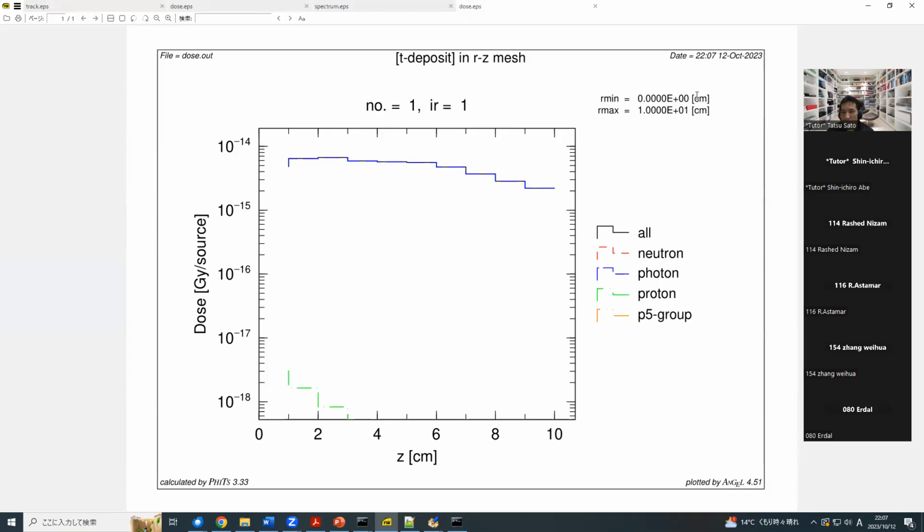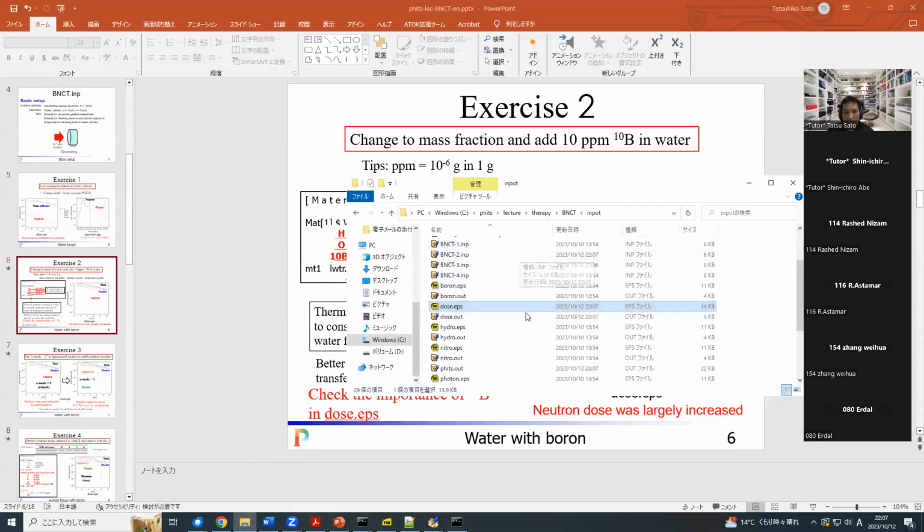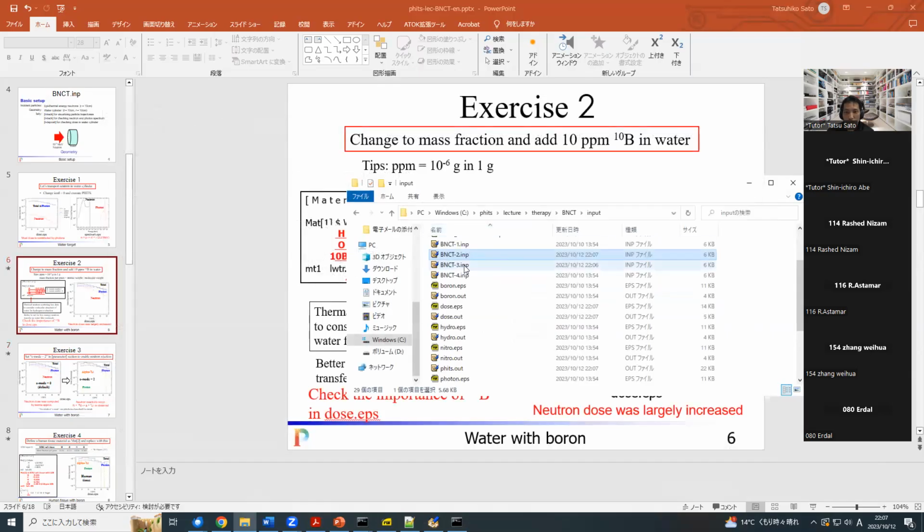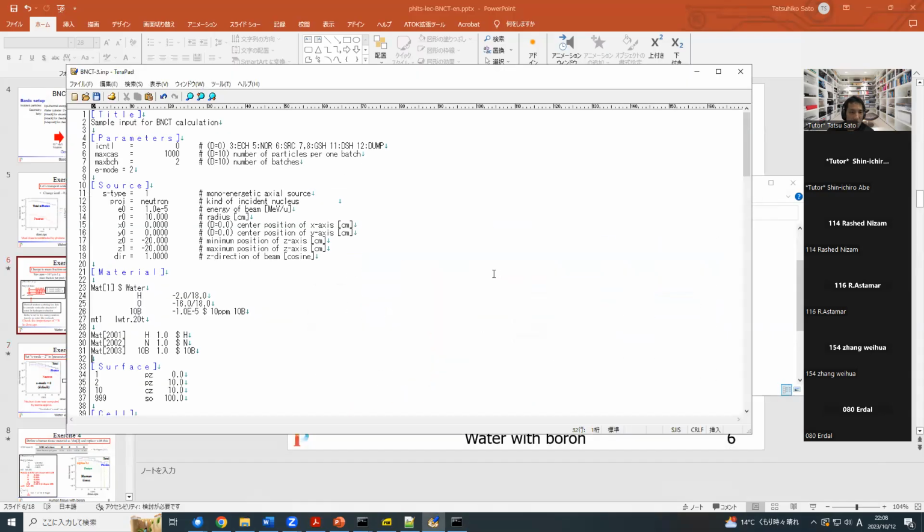Eiko-san, so number 3 is the input file for boron 10 added, bnct 3. I should do 3. Okay, so this one is correct.